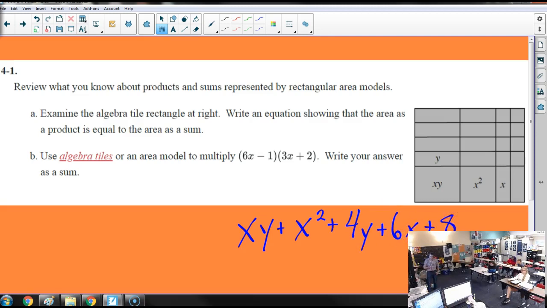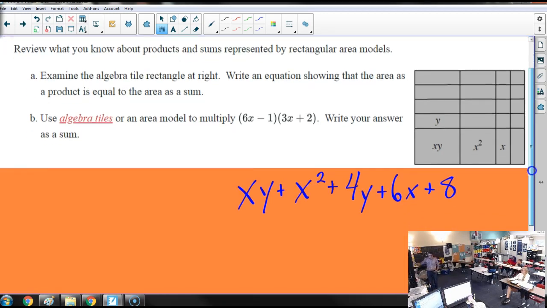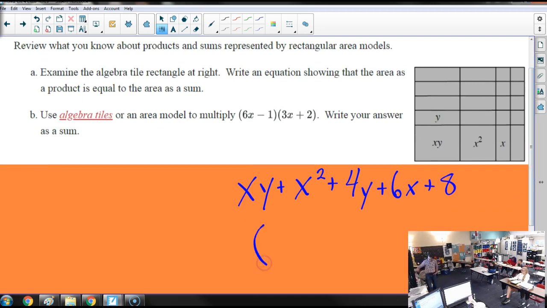Now I can do the product. Great. If we do it as the product, how do we know what this is as a product? You do the sides. So the vertical line is x plus 4, this is x, this is 4.